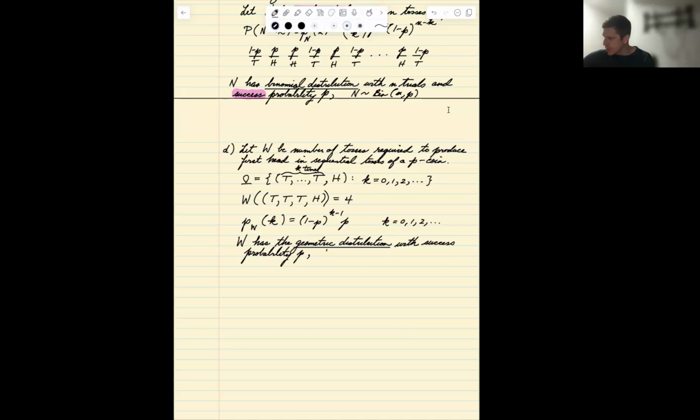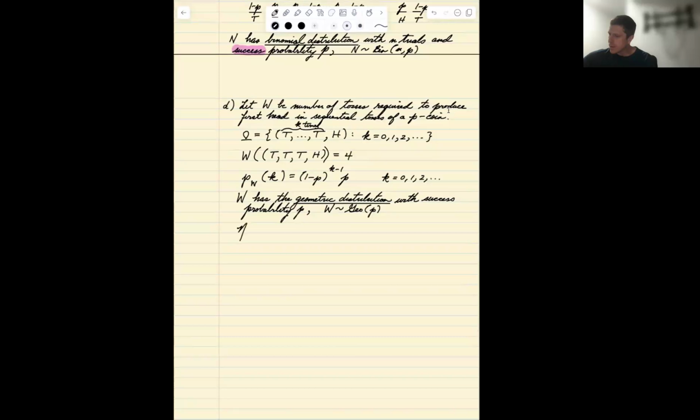The criterion for us to stop is called a success. In shorthand, we would write W is distributed Geometric(p). Notice here that the range of W in this example is the set of positive integers, which is a countable set. It's an infinite set, but it's countable.